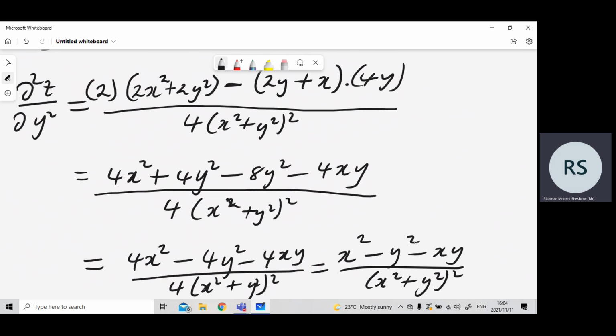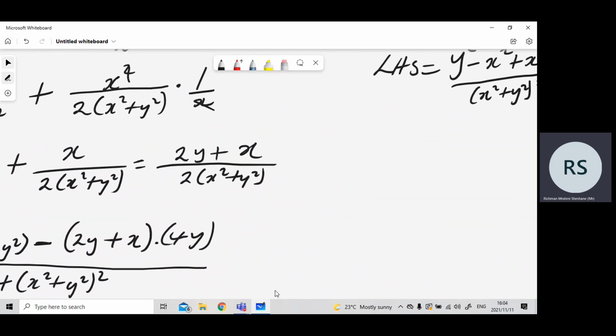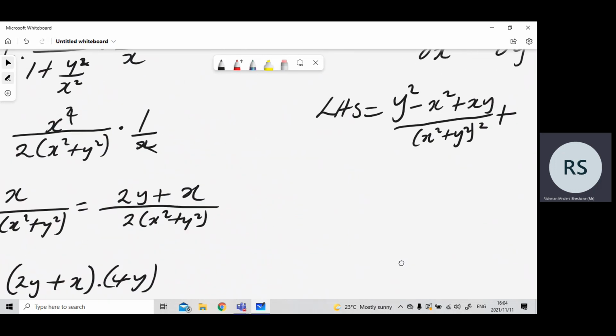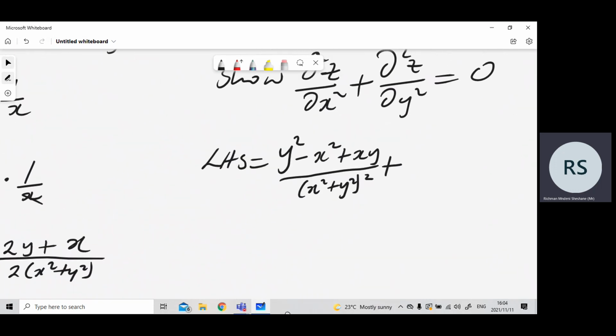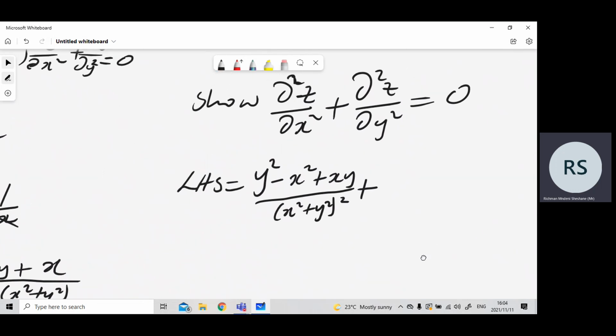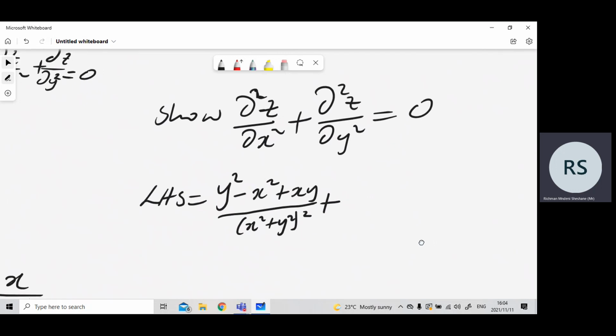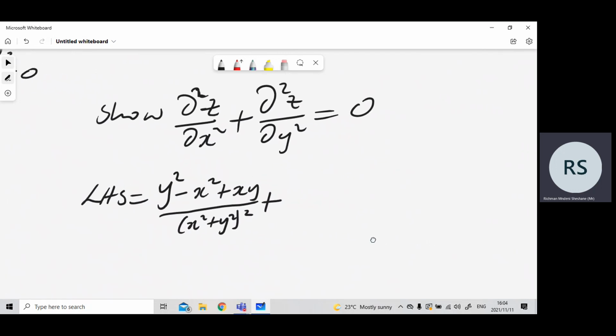Okay, let's substitute in our second term of the left hand side. We took the left hand side, we substituted the first term with the second partial derivative. Now let's substitute the second partial derivative with respect to y that I just showed you.